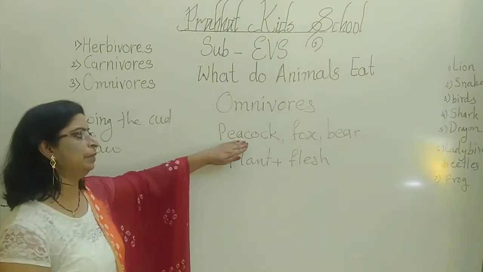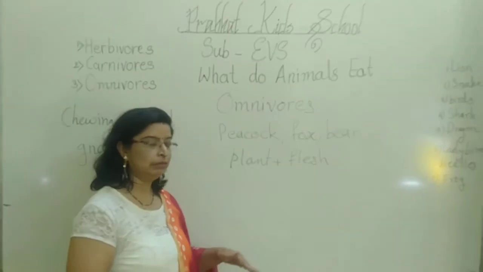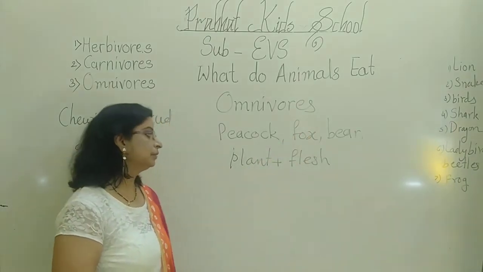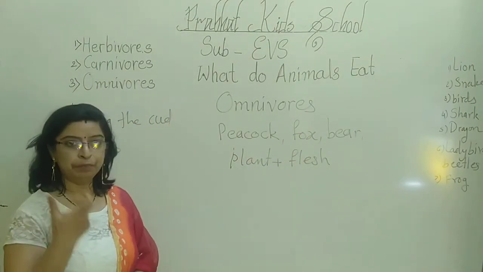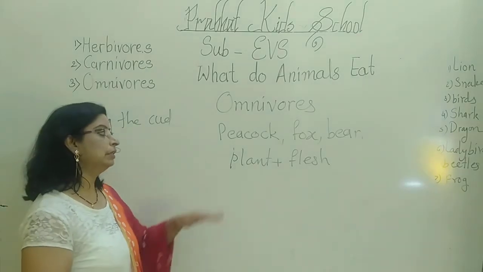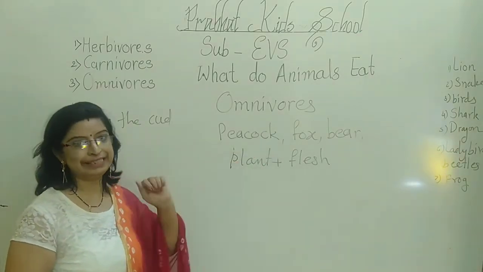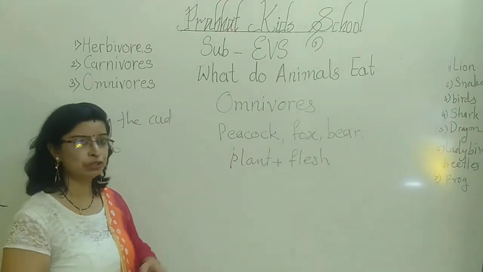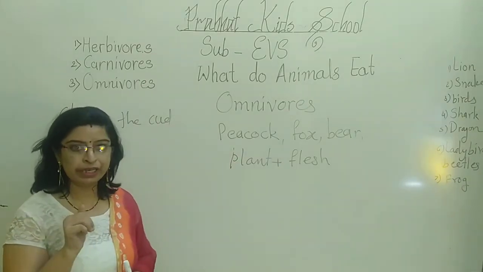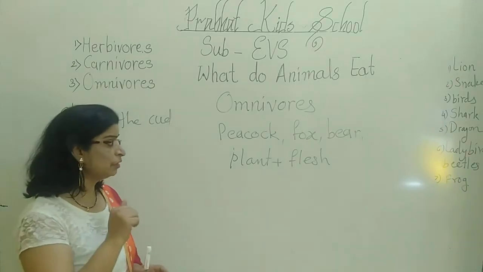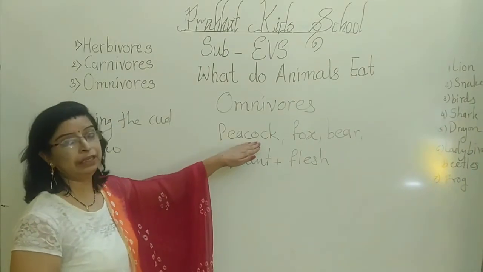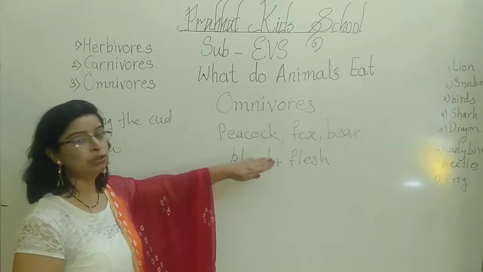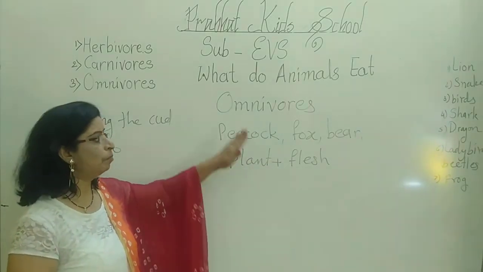Now see students, this peacock, then hen, then sparrow, then this fox, bear, they eat some plants also and they feed on the insects also. If you find a hen at your home, they drag the soil, they poach, and then they take out the insects from the soil.